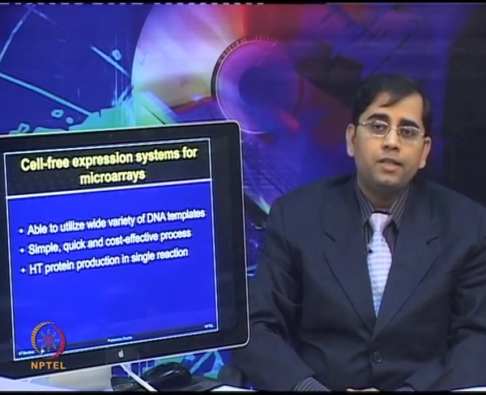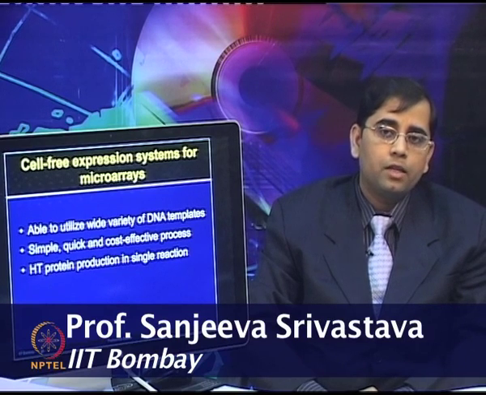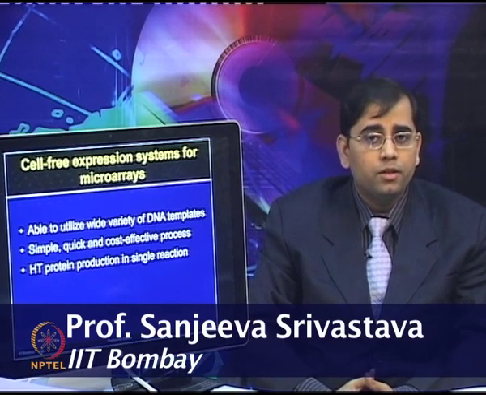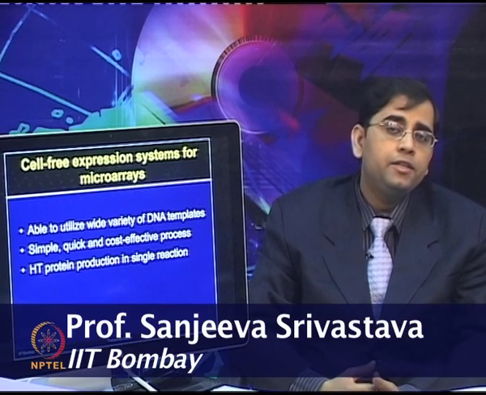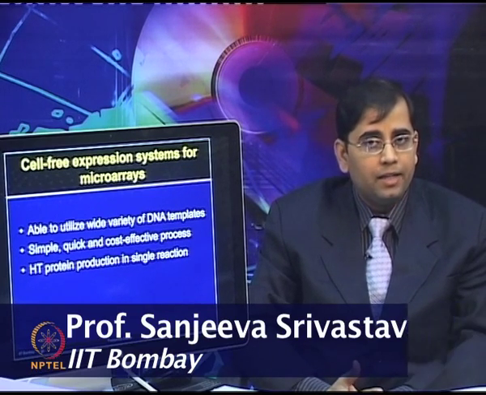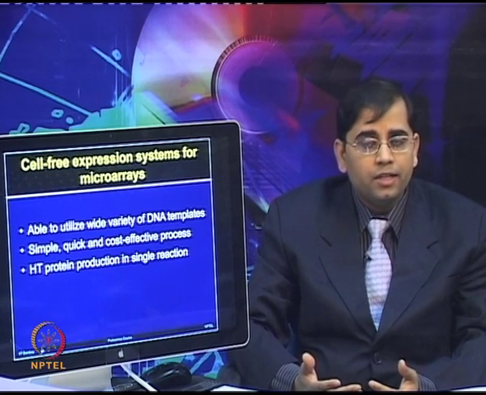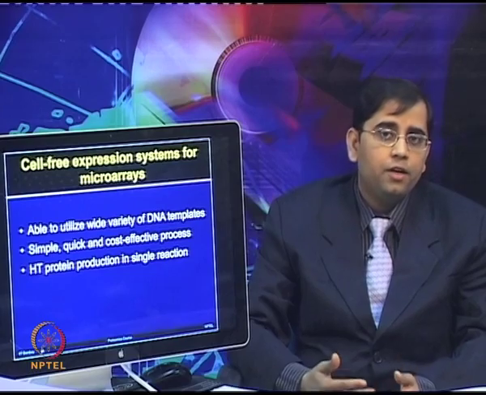So, cell-free expression systems are required for the microarrays, but why can they be used? Because they have the ability to utilize a wide variety of DNA templates. One can make use of all that gold DNA repositories, the master clones obtained from the recombinational cloning.